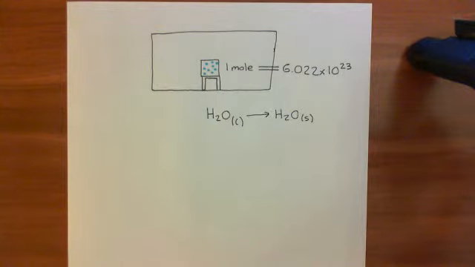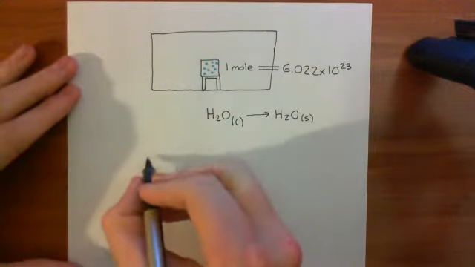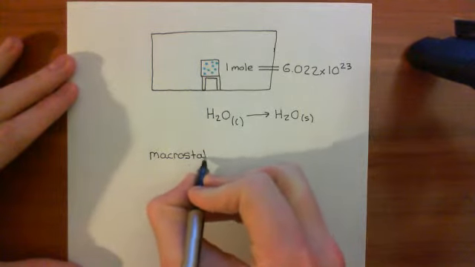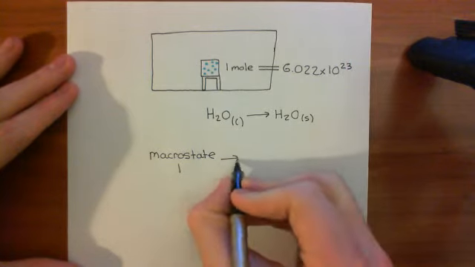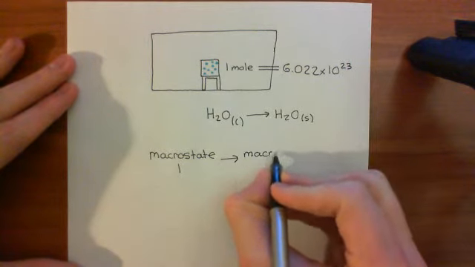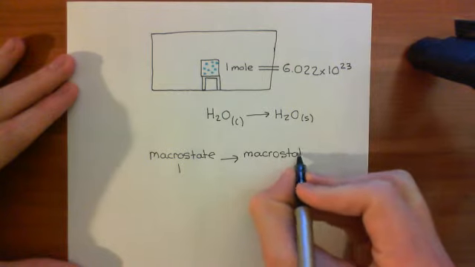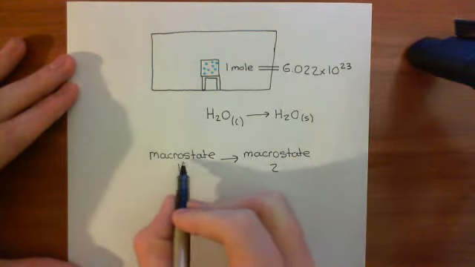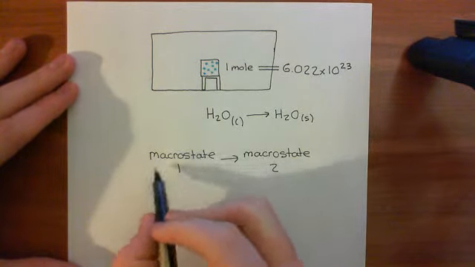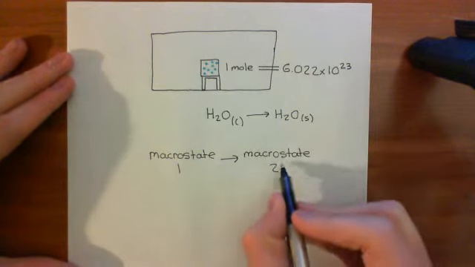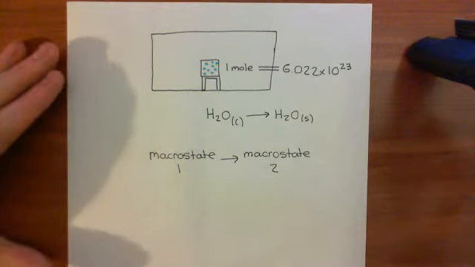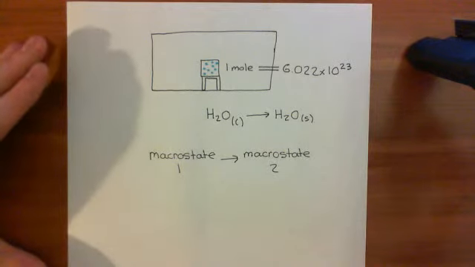Remember, the second law of thermodynamics says that overall the universe will go from macrostate 1 to macrostate 2 over time only if the total number of microstates that would all be seen as macrostate 2 is greater than the number of microstates that would all be seen as macrostate 1, i.e. only if the entropy of macrostate 2 is greater than the entropy of macrostate 1. That's the second law of thermodynamics.